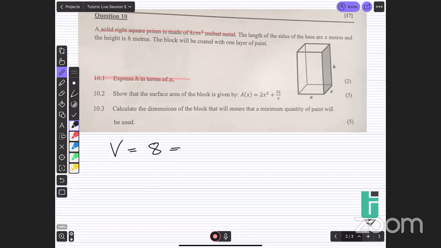What's the length equal to? X. What's the breadth? X. Then the height is h. So how can we express the height in terms of x? 8 over x squared. Right, so you divide by the x squared. Because when they say h in terms of x, what they mean is h must be the subject of the formula.